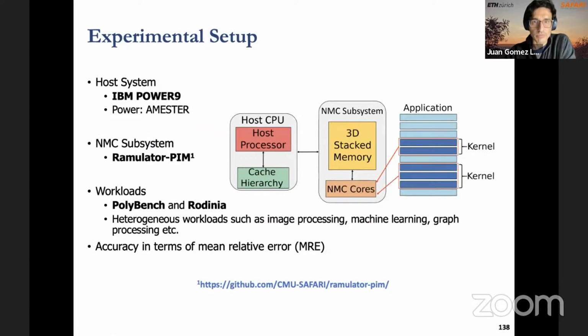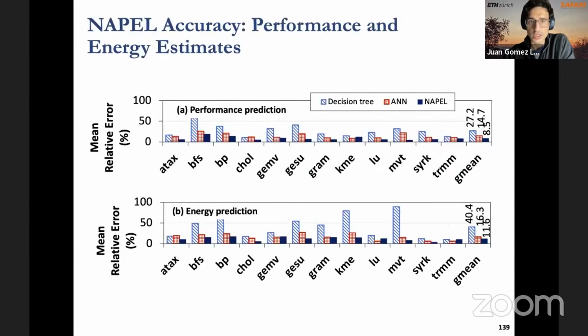So this is the evaluation methodology. Here we compare to a state-of-the-art simulator. By that time, it was Ramulator PIM, the processing in memory version of Ramulator. And we used different workloads from the PolyBench and Rodinia benchmark suites.